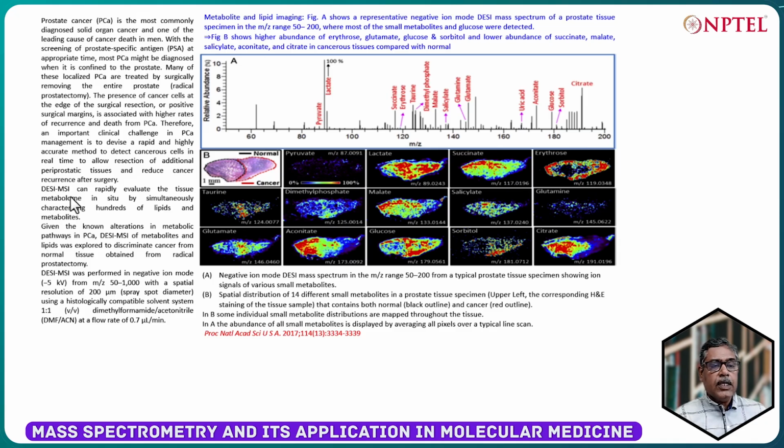Now, DESI-MSI, desorption electrospray ionization mass spectrometric imaging, can rapidly evaluate the tissue metabolome in situ by simultaneously characterizing hundreds of lipids and metabolites. In MALDI-based imaging, we talked about imaging of proteins. Here we are talking about imaging of lipids and metabolites mostly.